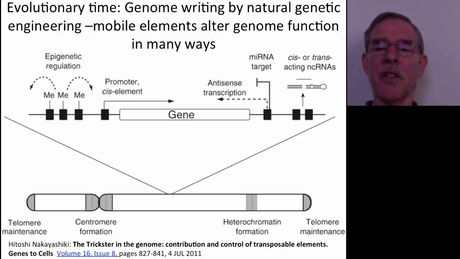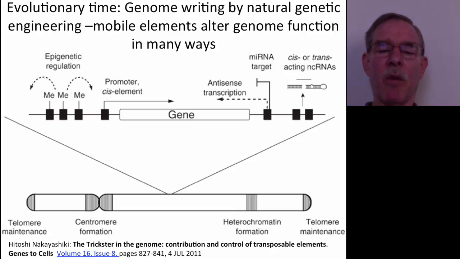The inserted elements can also become targets for microRNAs and for heterochromatin formation targeted by the microRNA. And then finally, we know that many non-coding RNAs, cis or trans-acting non-coding RNAs, originate from mobile element insertions. And so they can both act as targets for these RNAs and also as sources for new non-coding RNAs to play regulatory functions.